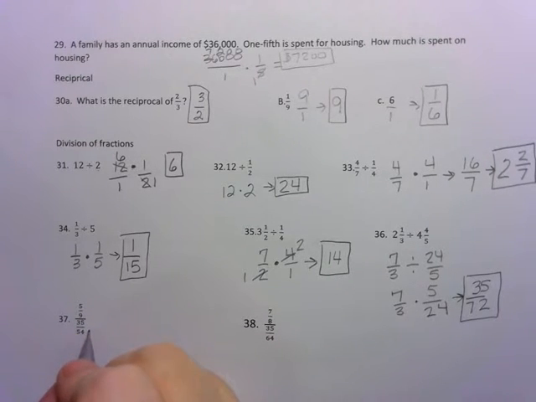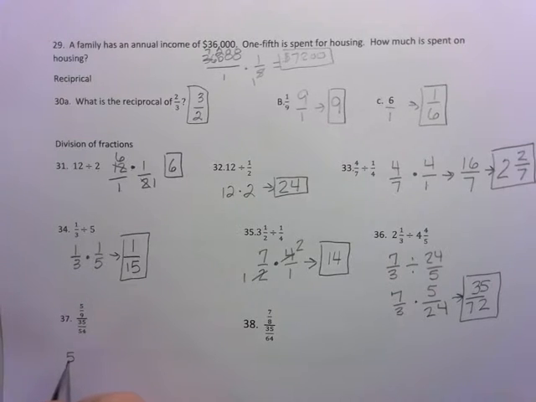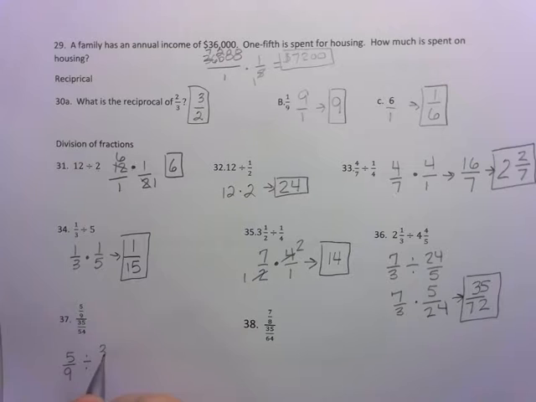This looks very complicated, but it is not. It is the same thing as saying 5/9 divided by 35 over 54.